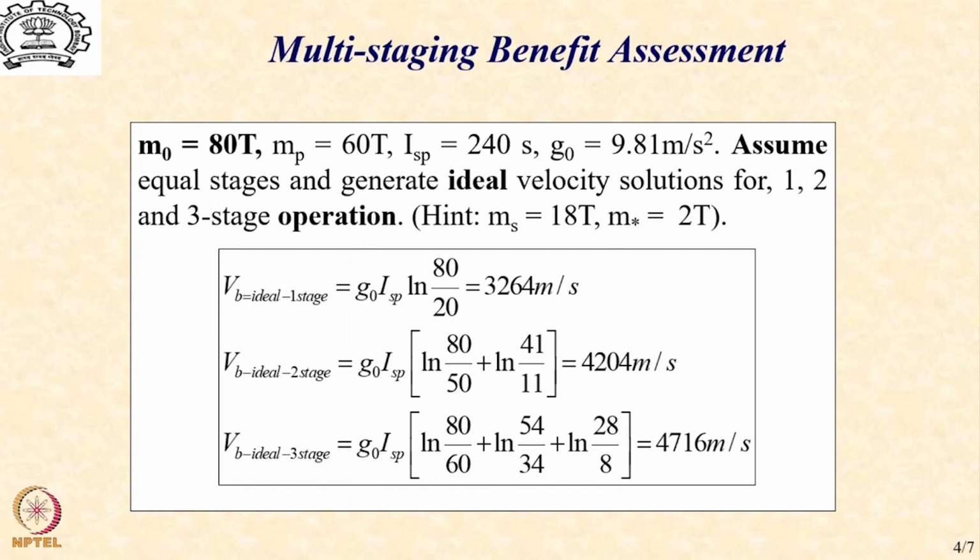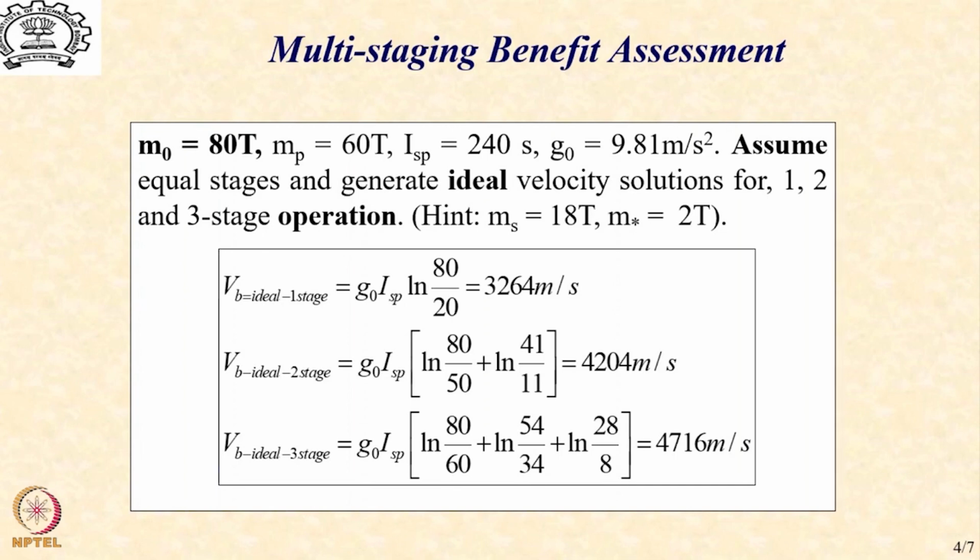Let us now go to three-stage operation. In three-stage operation, first stage has only 20 tons of propellant and 6 tons of inert mass. So the first term is 80 by 60.